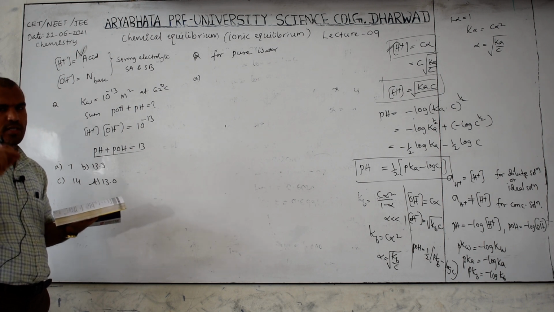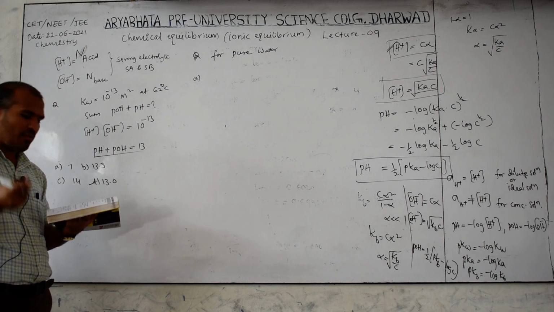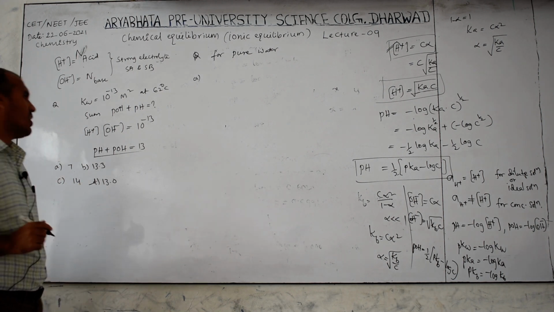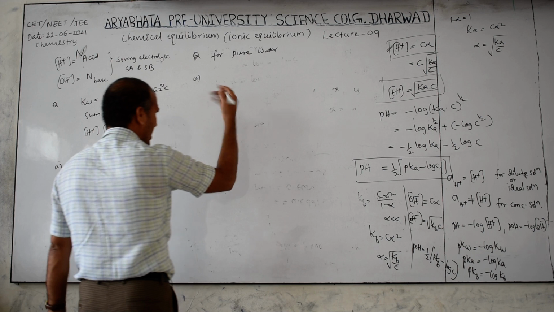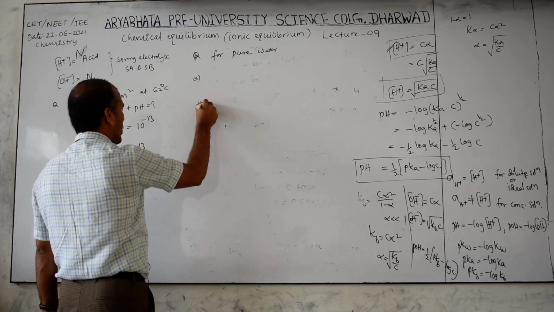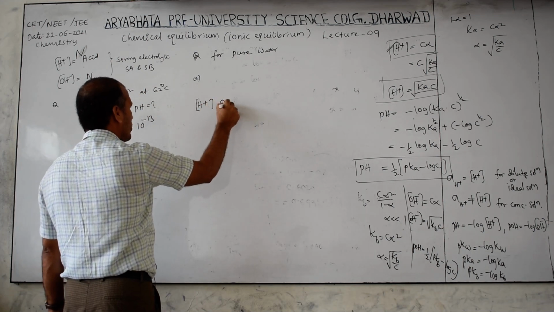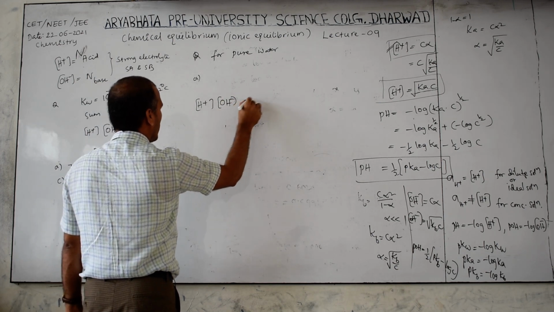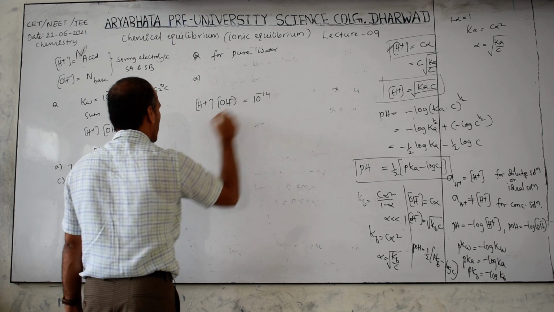So pause and listen to all the options; repeating them is a time-taking process. The question is pure water, whatever the rise in temperature given. Now I want to explain this. H plus into OH minus is equal to 10 power minus 14.